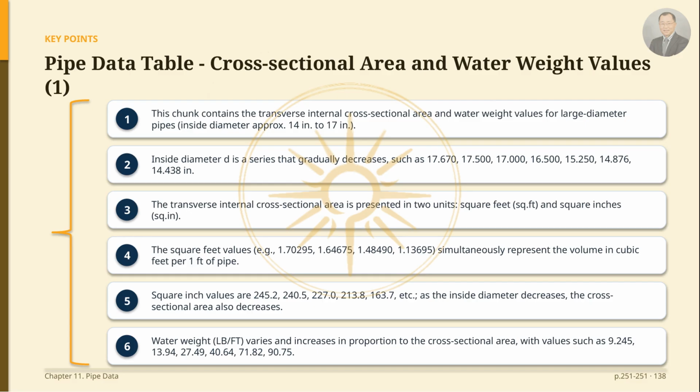For example, the cross-sectional area value of 1.7095 square feet is identical to the volume in cubic feet per foot of pipe length, and the corresponding water weight is calculated as 9.245 pounds per foot. Since not all values are listed, please first locate the required inside diameter value during actual design, and then check and apply the corresponding cross-sectional area and water weight values in order.